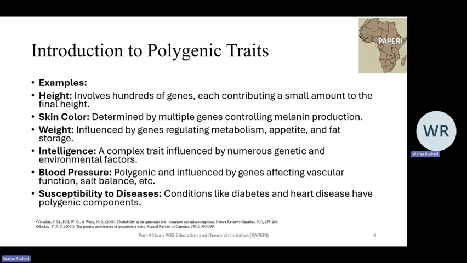Intelligence, a complex trait influenced by numerous genetic and environmental factors. Blood pressure, polygenic and influenced by genes affecting vascular function and cell balance, and many others. Susceptibility to diseases: conditions like diabetes and heart disease have polygenic components.